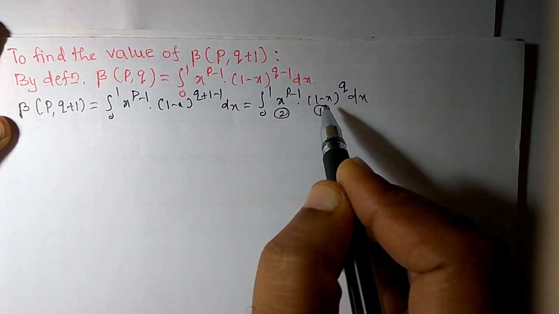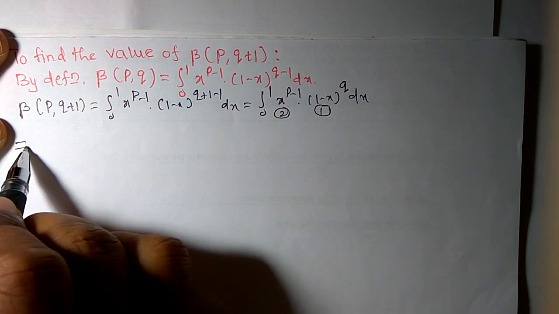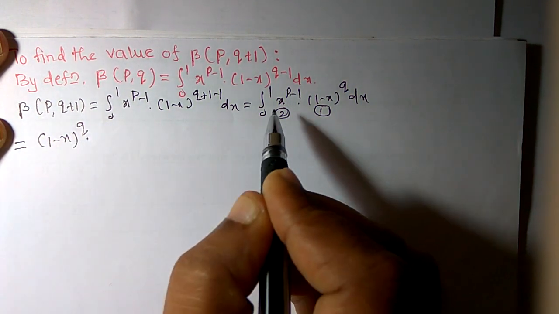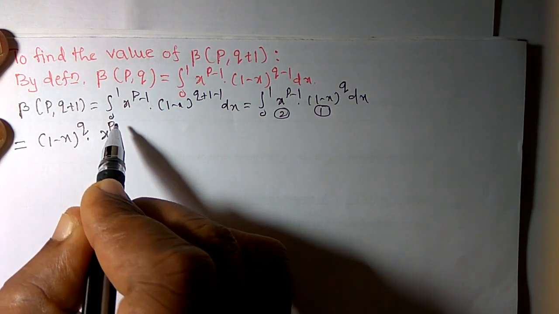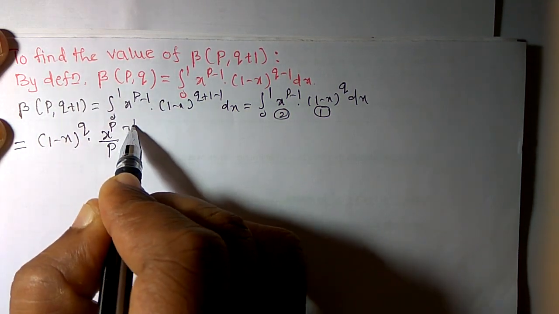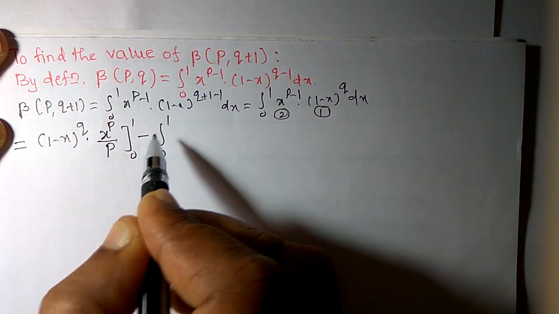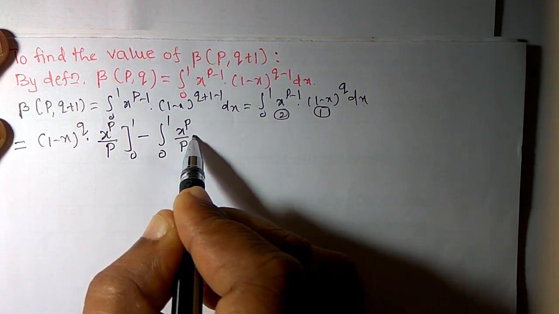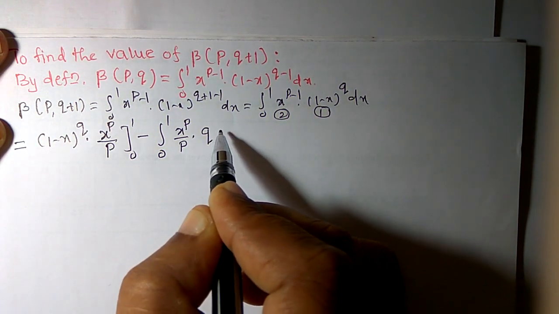I am going to treat 1 minus x raised to q as the first function. So therefore I want to keep 1 minus x raised to q as it is. Integration of x raised to p minus 1, I can obtain x raised to p divided by p with the limits 0 to 1, minus big integration of 0 to 1 x raised to p divided by p into differentiation of the first function, right?